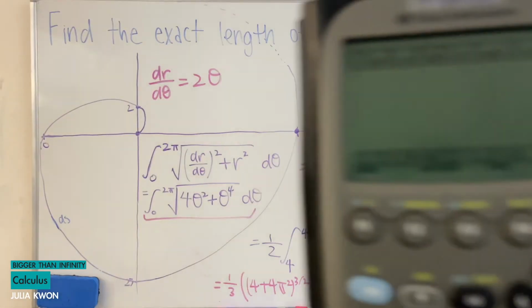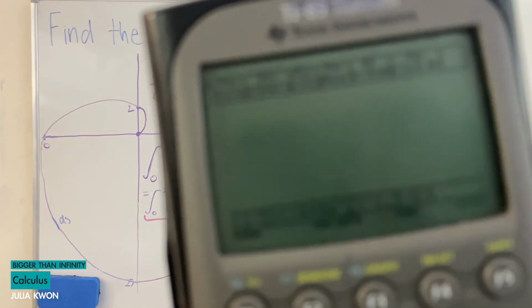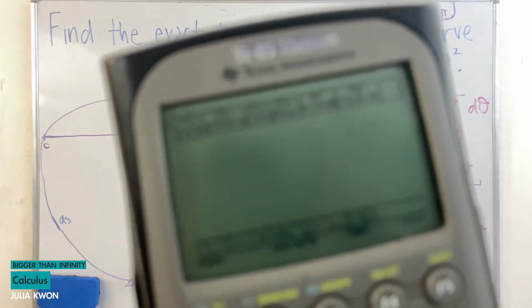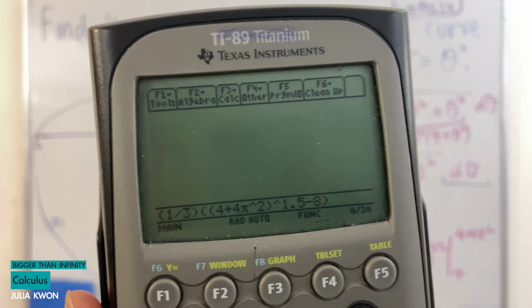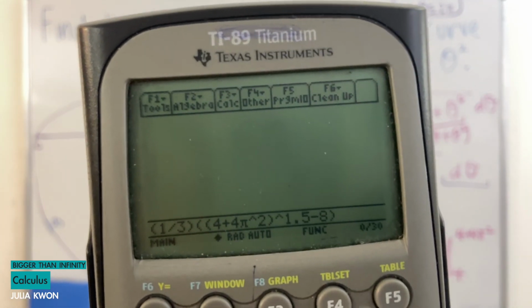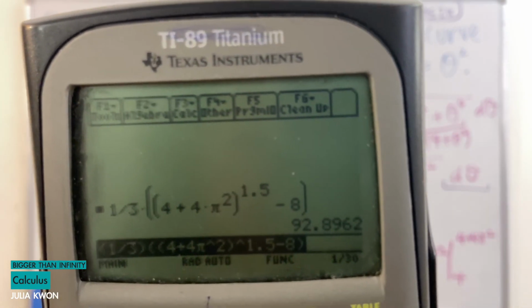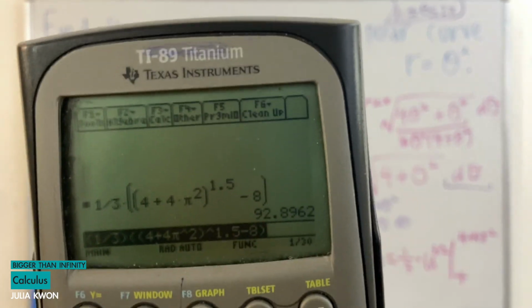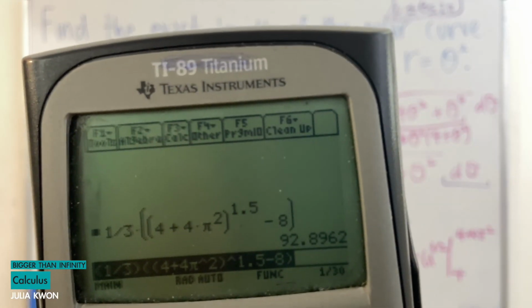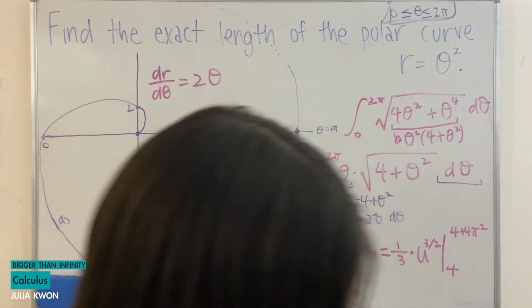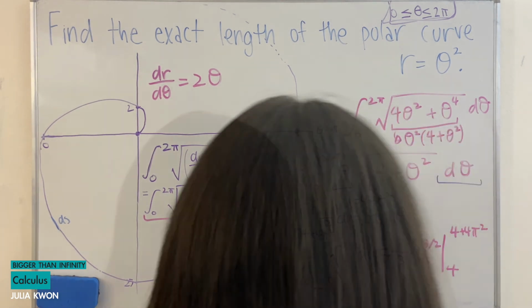Okay, so I think I did everything correctly. Focus camera. Okay, there you go. And then we get 82 point, okay, if I round this, I'll get 82.9. And so that would be our answer, 82.9.